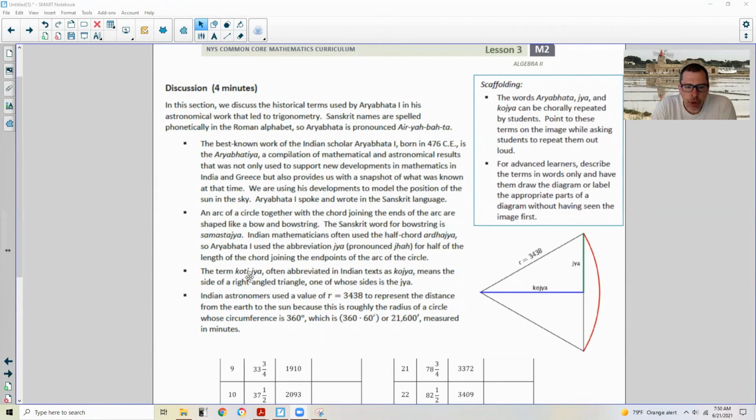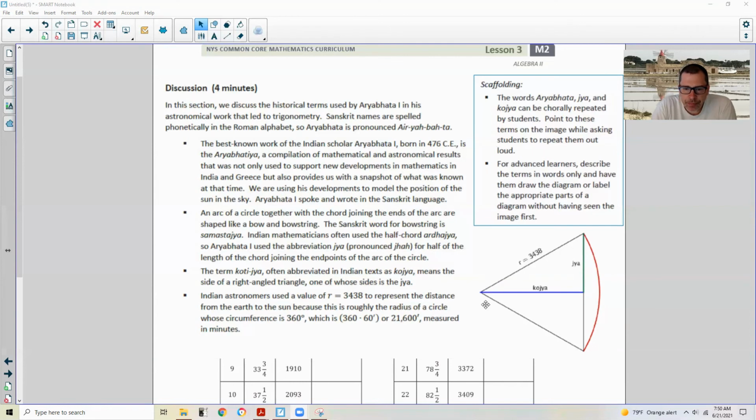The term Kotijya, often abbreviated in Indian texts as Koja, means the side of a right-angled triangle, one of whose sides is the Jya. So here is a right triangle formed by this half chord or Jya, and this portion of the radius coming from the center to that chord, which they call the Koja. So Koja and Jya, and this would have been the hypotenuse or the radius.